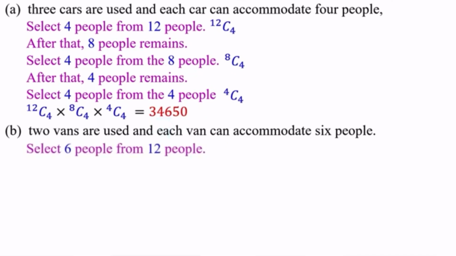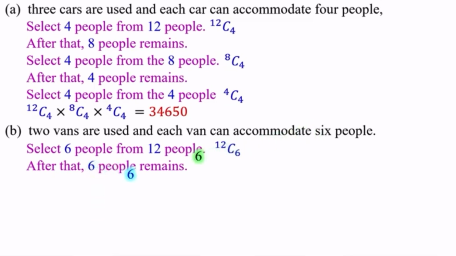So the number of ways if 2 vans are used and each van can accommodate 6 people will be 12C6 multiplied by 6C6. So the total number of ways is equal to 924 ways.